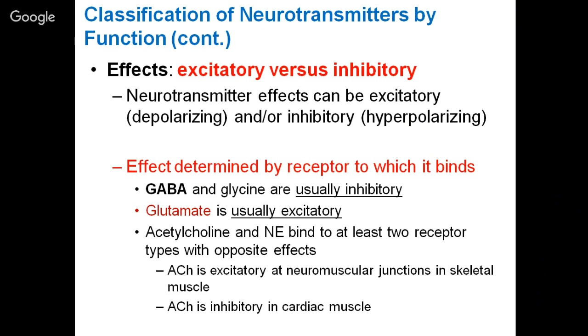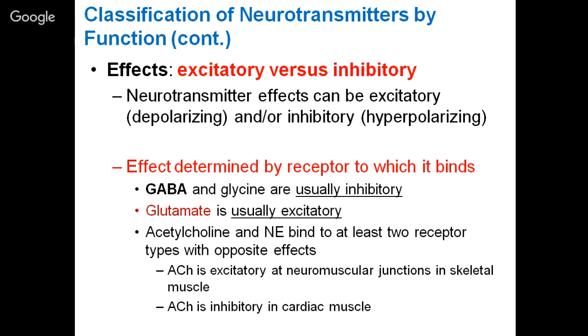The neurotransmitter effects can be excitatory, which we call depolarization, or inhibitory, hyperpolarizing. So the effect is determined by the receptor to which it binds. GABA and glycine are usually inhibitory. The neurotransmitter glutamate is usually excitatory.